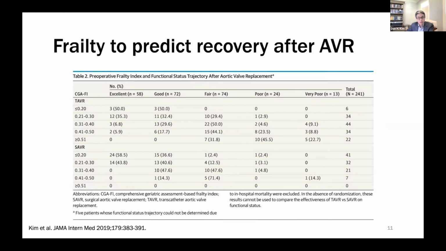We use a baseline frailty index that was measured in a pre-op visit. As an example, a person with a frailty index of 0.5 or higher is most likely to follow a poor trajectory, but the best possible scenario can be a fair trajectory, or the worst possible scenario can be a very poor trajectory.